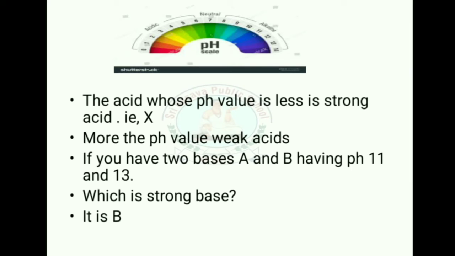And if the solution has pH value 7, that solution is neutral. If the solution pH is 7 to 10, then they are weak bases. 10 to 12, they are moderate bases. And 12 to 14, they are strong bases.